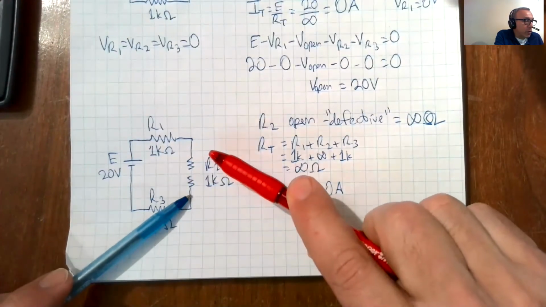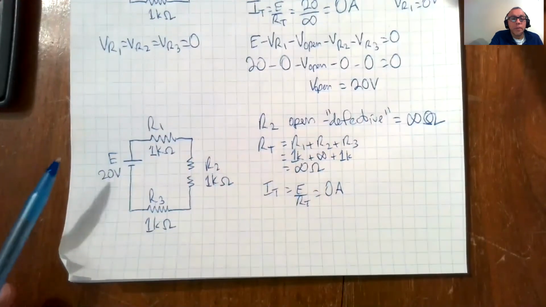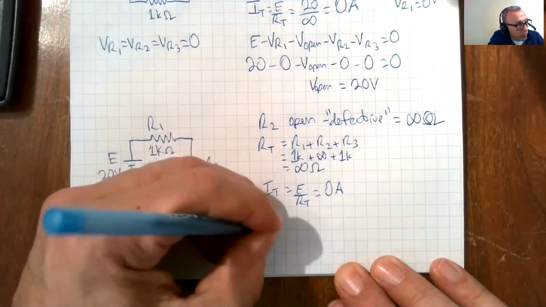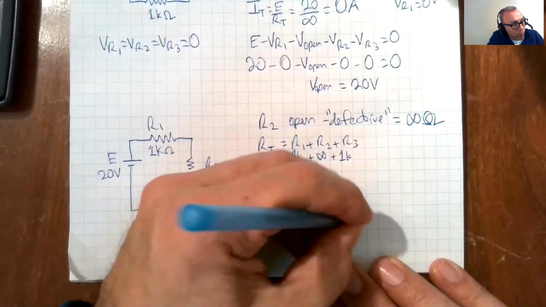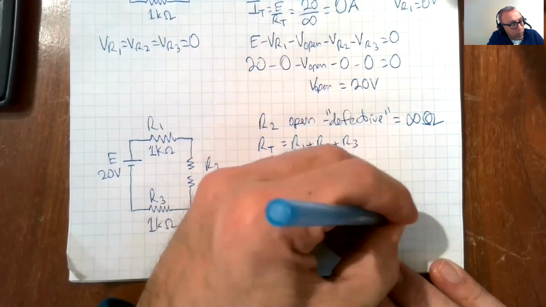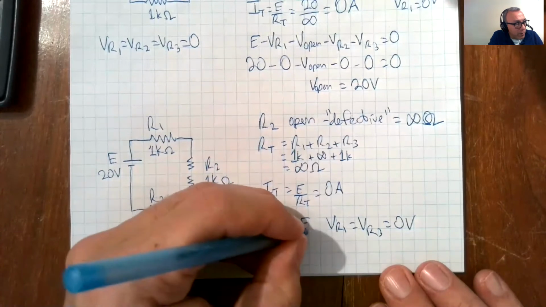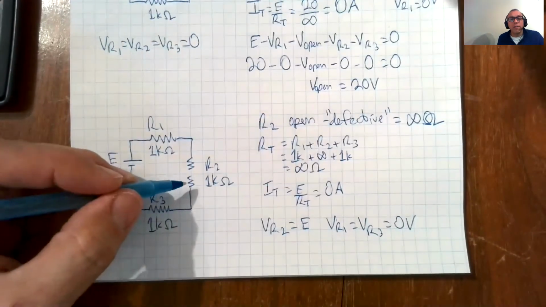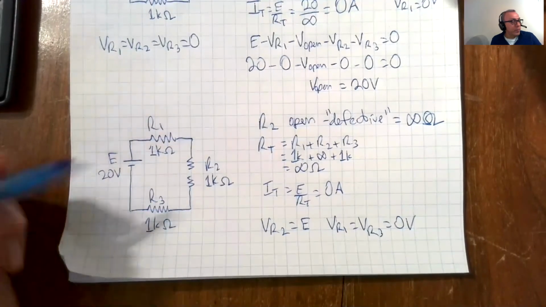And VR2 is going to measure E. That's what's going to happen here. VR2 is going to equal E, and VR1 and VR3 are going to equal 0. That is because the open circuit is inside R2. That's a very important thing to remember here.